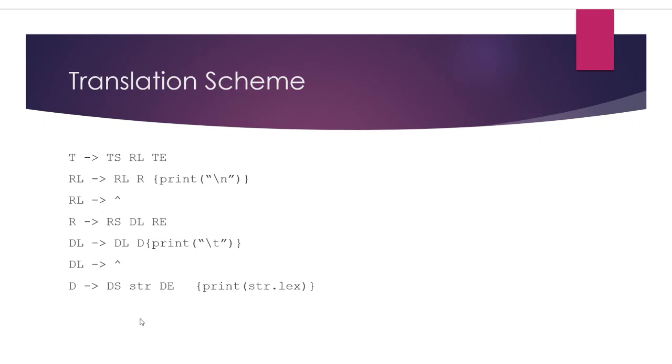It tells you how many rows there are, and DL is basically the data, where D is data start, then data end, and STR is the data, the string.